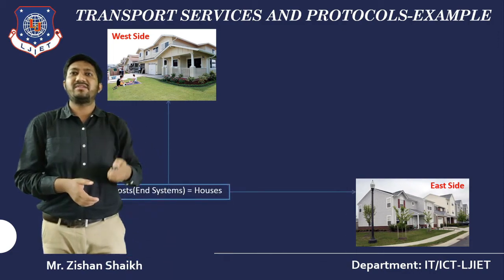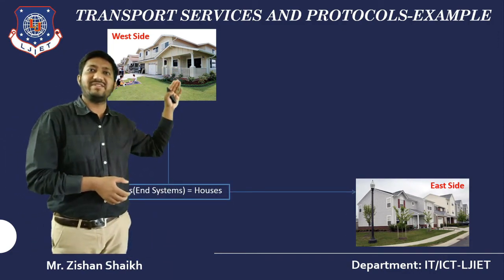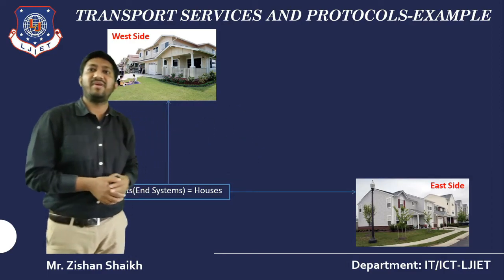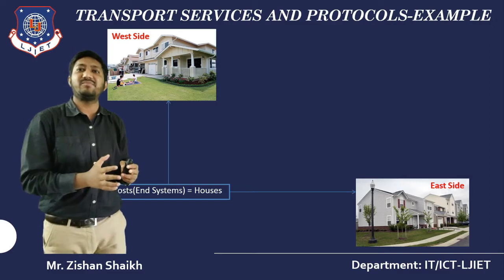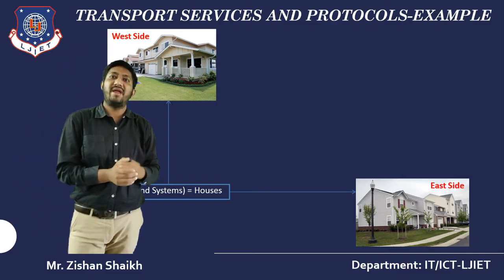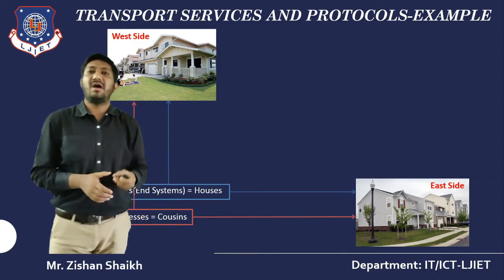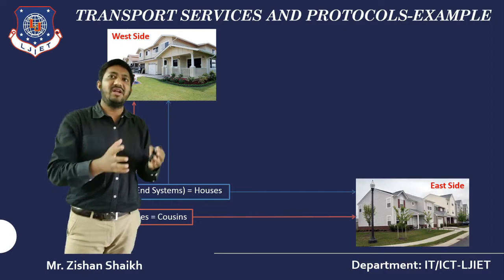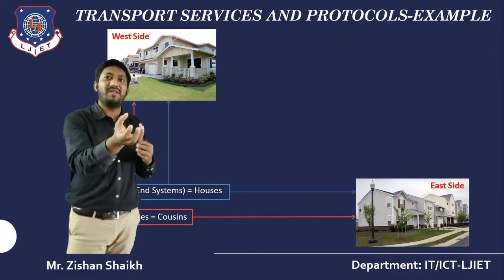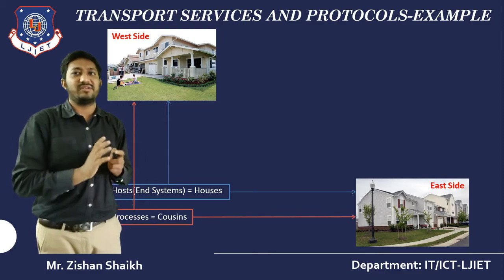Here we can understand that there are two hosts, one at the west side and another at the east side. So we can say that these are your end systems. End systems, or hosts, will be known here as houses. Next, the processes performed here: the children moving from one place to another, so we can say that they are the processes.